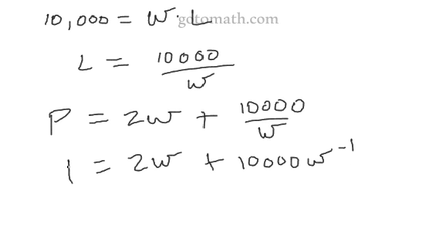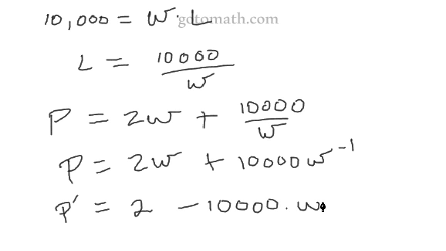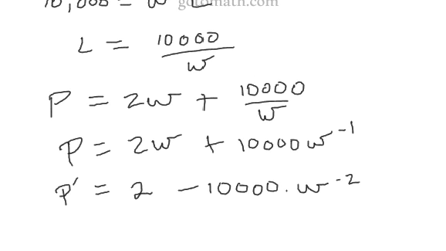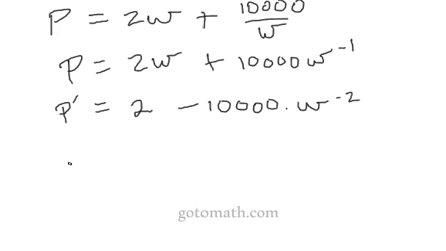All right, let's now take the derivative. So I'm going to say P prime. So the derivative of 2w is 2, bringing that negative out front. Now we have w raised to the negative 2. And we're going to go ahead and set P prime equal to 0 and solve for w.